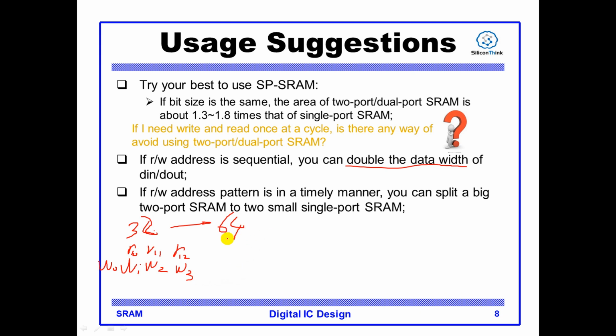For the 64-bit, in each cycle we write two data and read two data. In this manner, we change the 2-port SRAM to single-port, and this will save area.